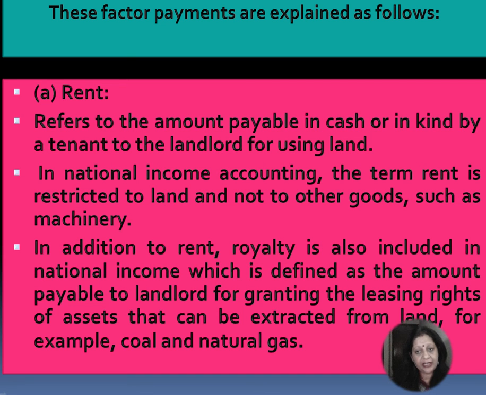In national income accounting, the term rent is restricted to land and not to other goods such as machinery. So, if we talk about rent, that means we are paying it for the use of land.